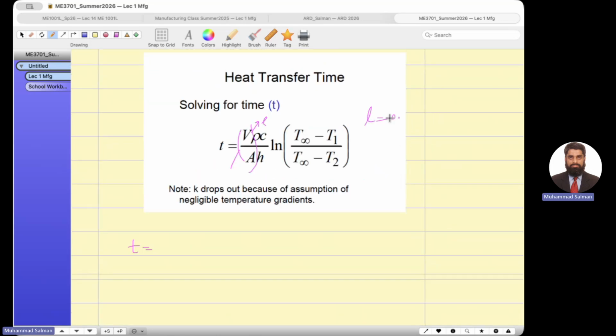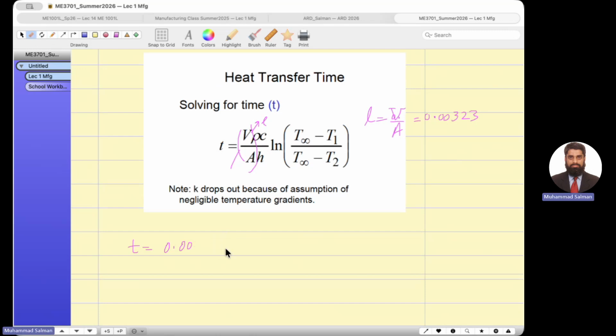You don't have to remember the volume or dig into the data to find the surface area. Just find the characteristic length. So you replace V over A with L.